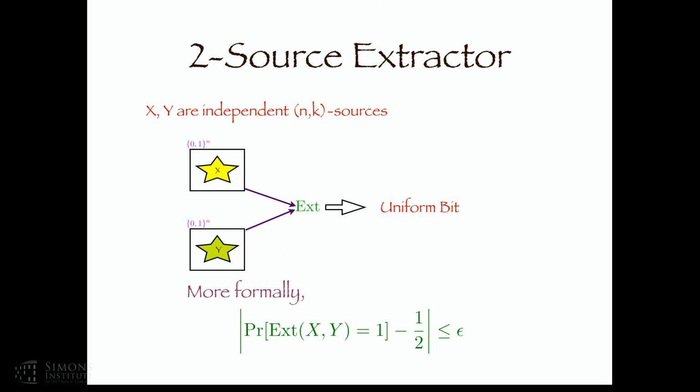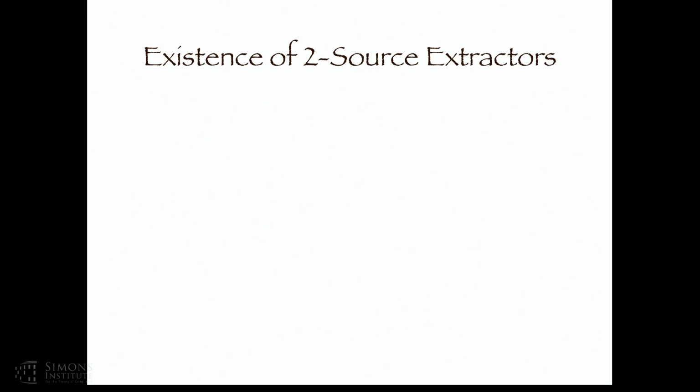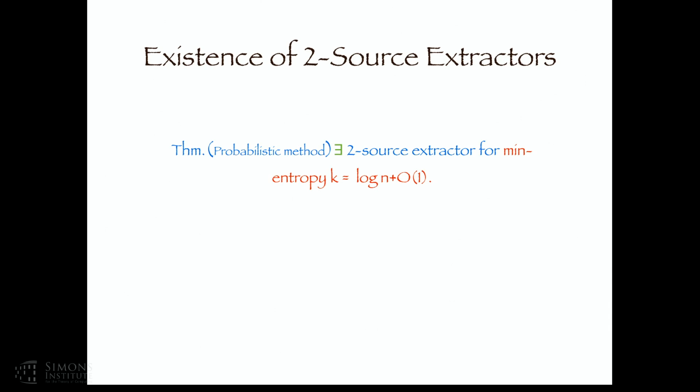More formally, what you would want is that the probability that the extractor takes value 1 when it gets samples from X and Y is close to half. And epsilon is called the error parameter of the extractor. A simple, by now standard probabilistic method actually shows that a random function is a good two-source extractor, for sources with min-entropy as small as log n plus order 1.